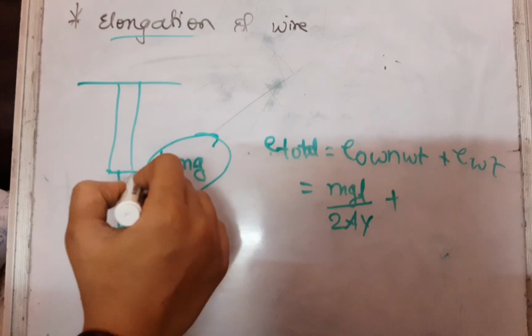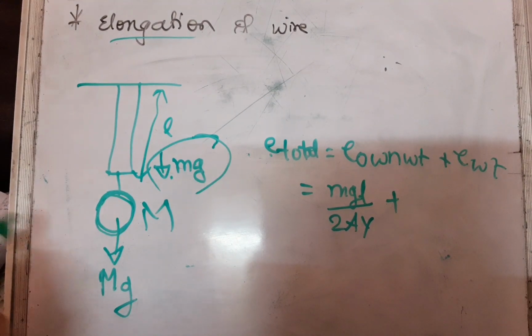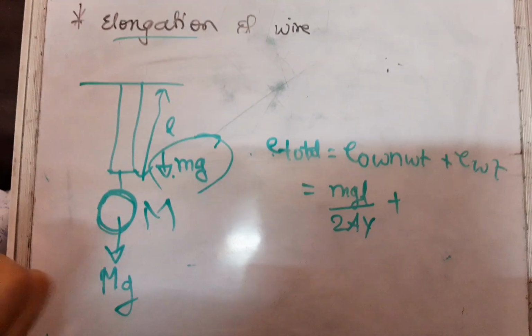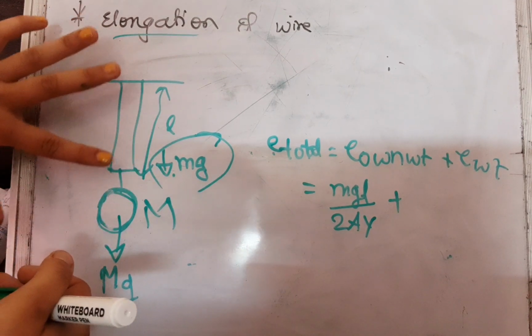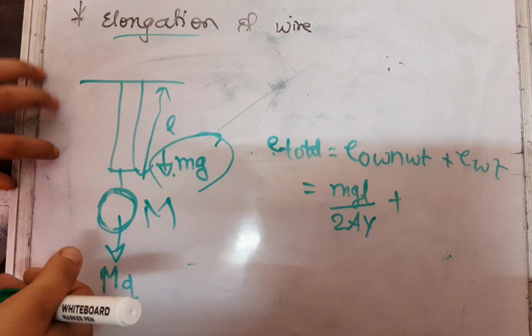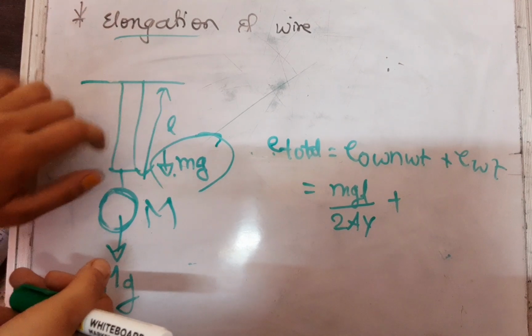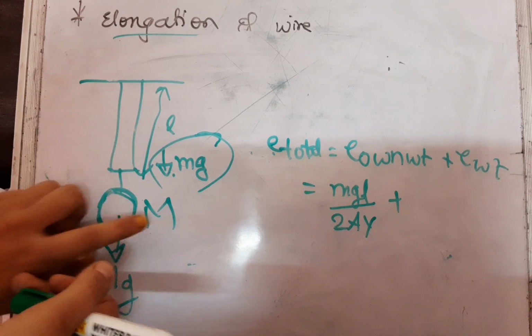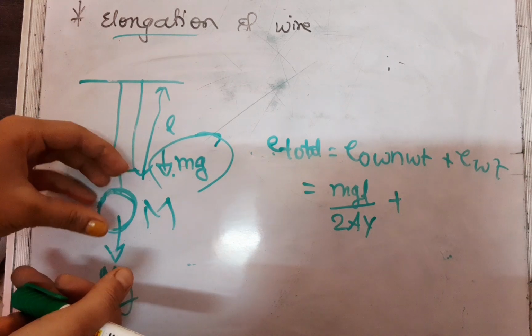Now the distance will be the whole length L. Why the whole length L? Because this new mass is attached, and the original dimension is this much length of the wire. There is no relation with the center of mass, because this body's whole mass is towards itself only.